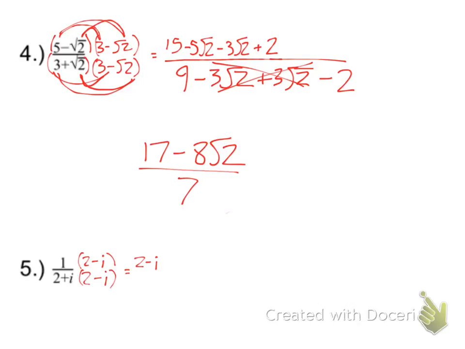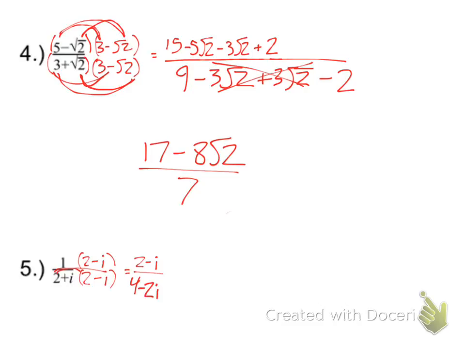The denominator, though, you have to FOIL. Now, eventually, you should get to the point where you recognize that you just created the difference of squares. At that point, go ahead and use it. But we're not all there. So, 2 times 2? 2 times negative i?